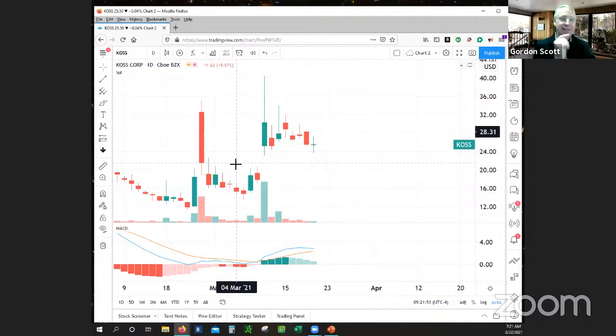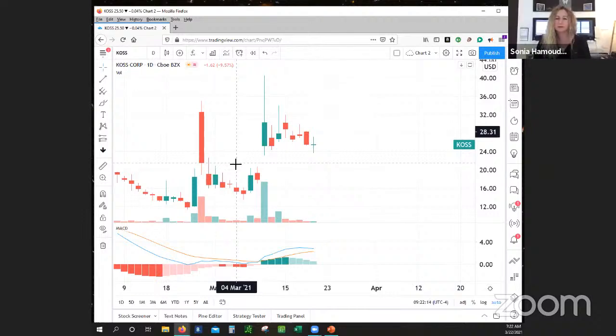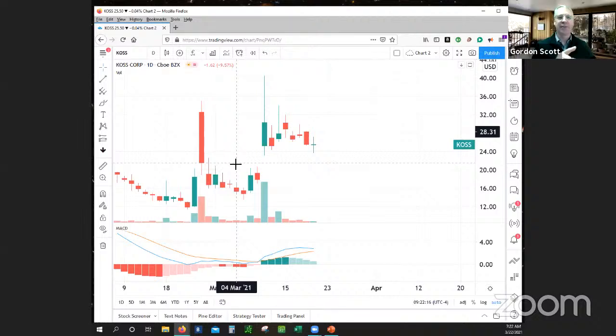The short people are like, no, we're going to hold here. We don't have a huge Reddit community all around them, and yet it's not going down, and we still have a 38% short float, right? Yes, that's huge. That's big.